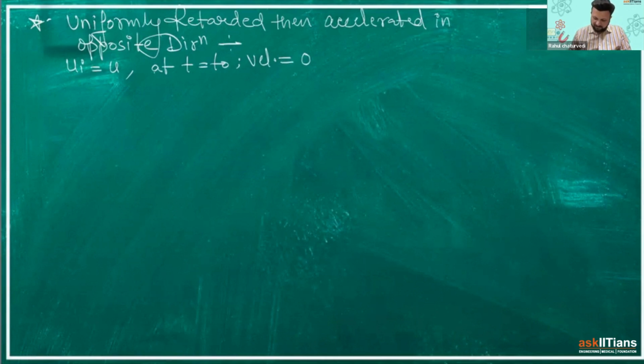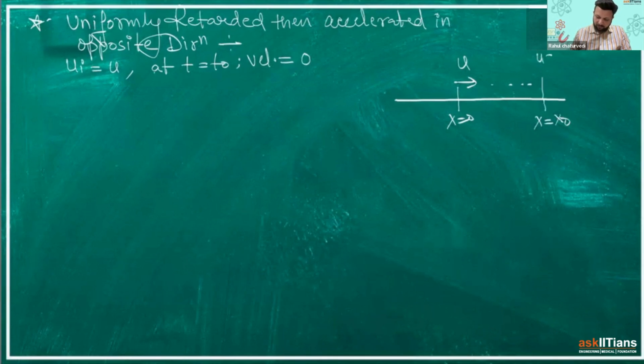You can see the case like any ball, or you can say any car moving with some velocity u, and after some time on reaching this position, x is equal to x naught, its velocity is becoming 0, and then it is moving in the opposite direction. So you can draw the graph.